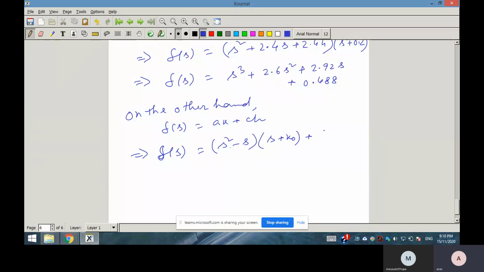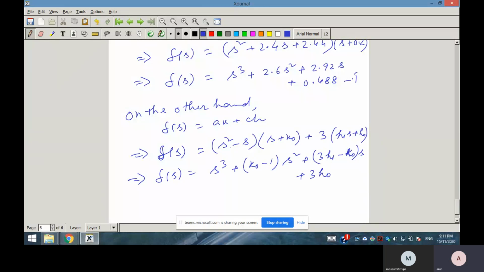C is what? C is your 3. And what is your hs? This is h1 s plus h naught. This will imply delta s will be equal to s cube plus (k naught minus 1) into s square plus (3h1 minus k naught) into s plus 3h naught.